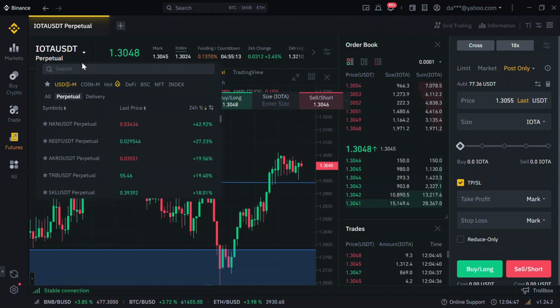One thing I need to explain about the USDS-M and Coin-M is that in USDS-M, like I said, you'll be using stable coins as collateral, and in Coin-M you'll be using cryptocurrencies as collateral. For instance, you can use BTC as collateral, but I don't use Coin-M.